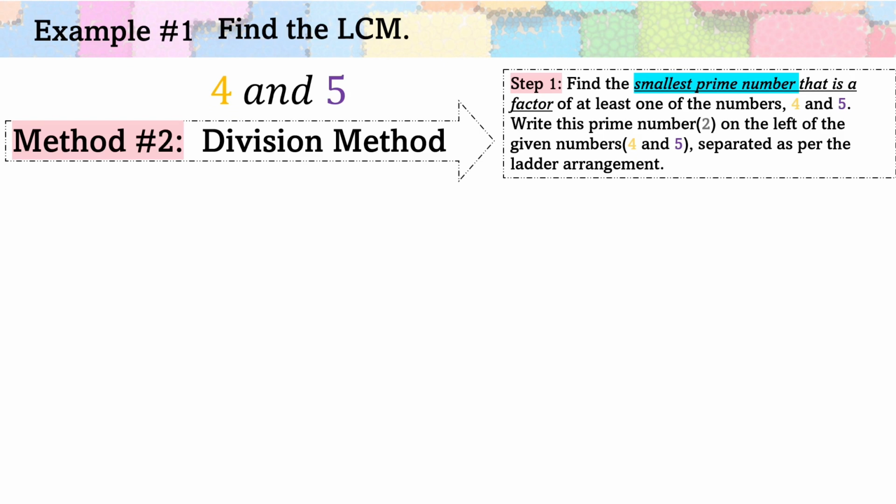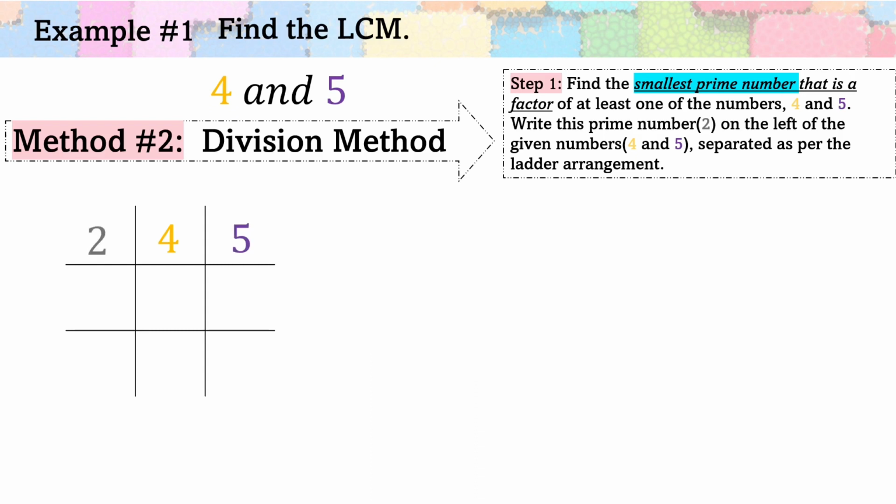So what's the smallest prime number that is a factor of at least one of them? That is 2. Write this prime number on the left of the given numbers 4 and 5, separated as per the ladder arrangement.